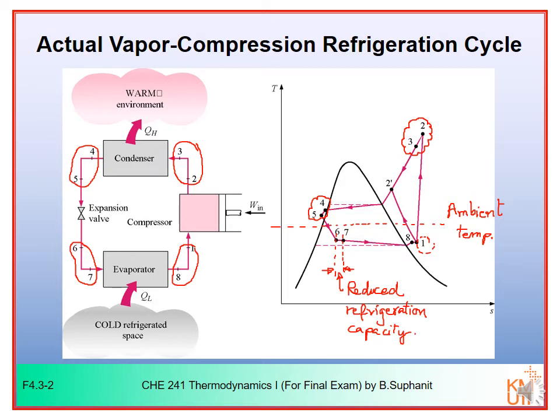Line 8-1 is normally long in the actual system. The pipeline connecting between the evaporator and the compressor, which is outside the room or outside the cold space, is normally very long. So the irreversibility effect in this line is therefore significant and cannot be neglected.